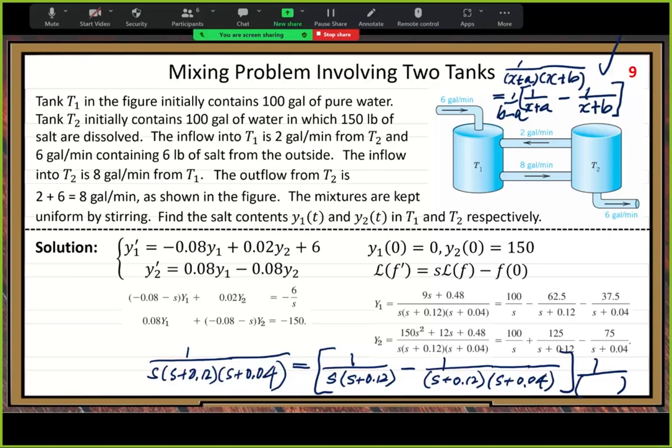S plus 0.04 minus S. What's that? 0.04, right? So let's put a 0.04 here to make it balanced. Can you see? This is the first step, the split.